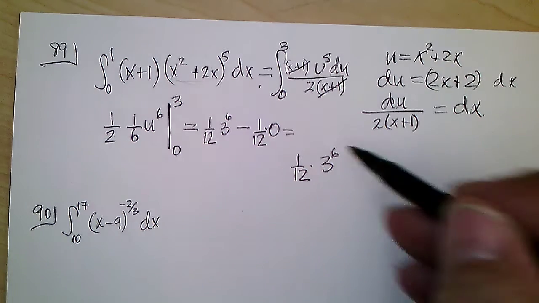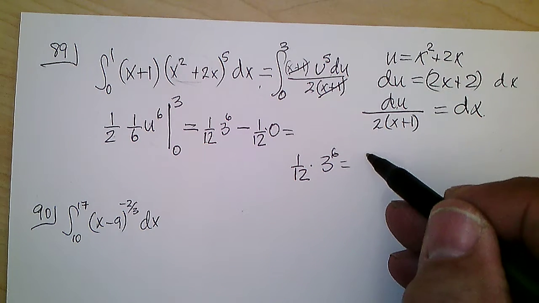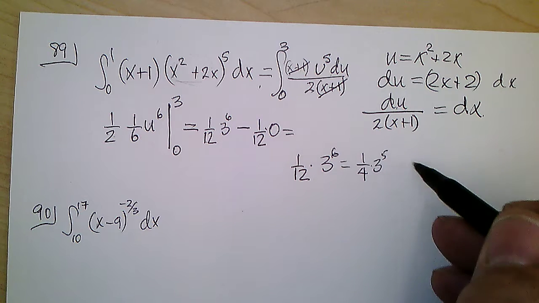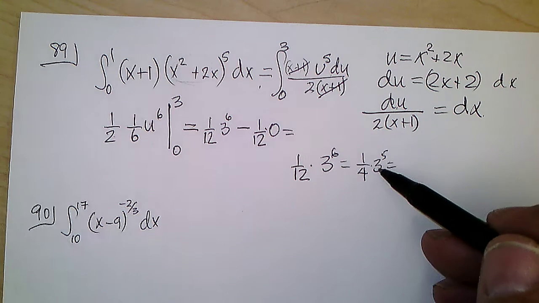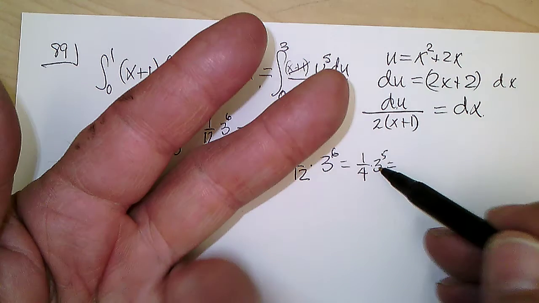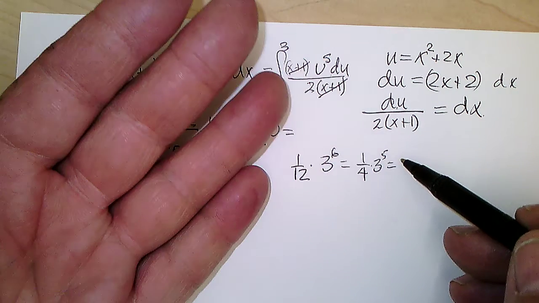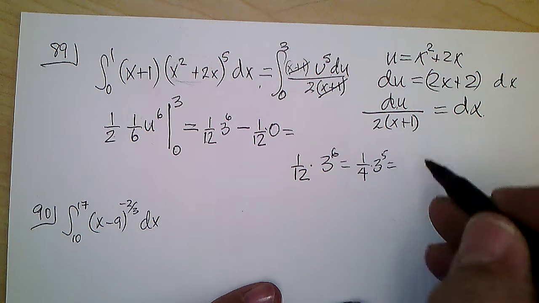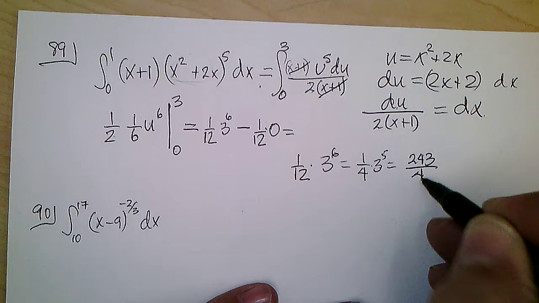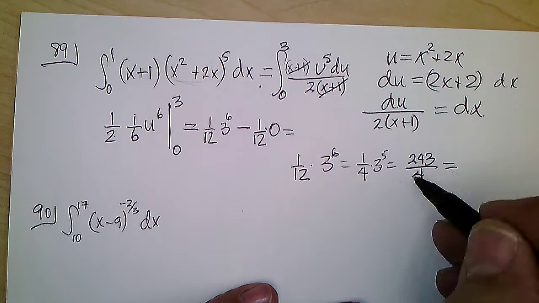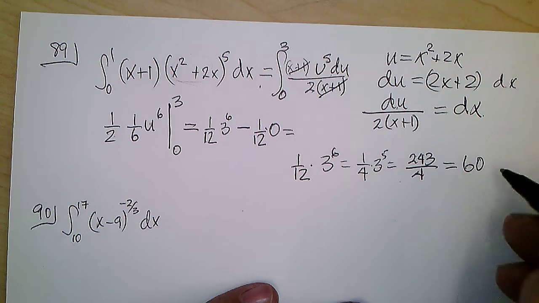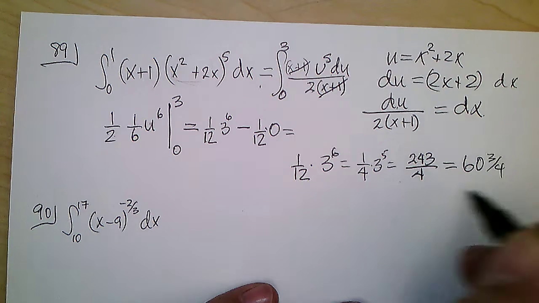One of the 3's would cancel, so that'd be 1/4, 3 to the 5th. And 3 times 3 is 9, times 3 is 27, times 3 is 81, times 3 is 243 over 4. Or 4 into 24 is 6, so 60 and 3/4.